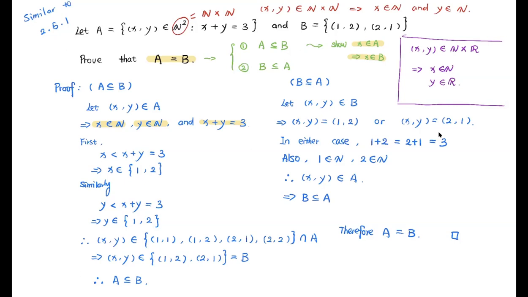No, you cannot do that. The reason that we're adding them together here, I suppose you are talking about this part. The reason that we're adding them together is we want to show this is true, okay? For any element in B, x plus y equals 3.